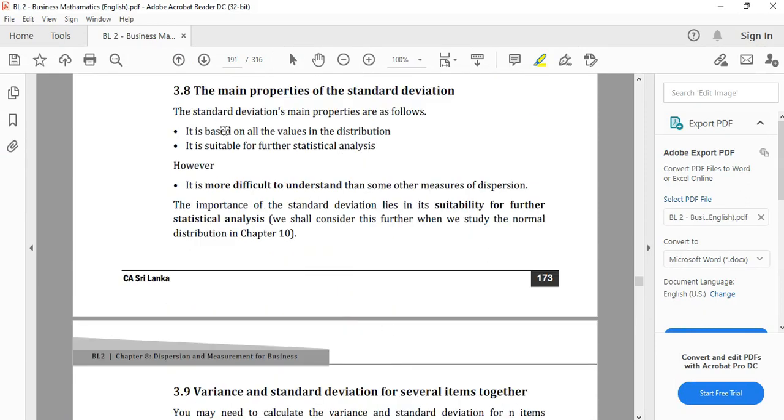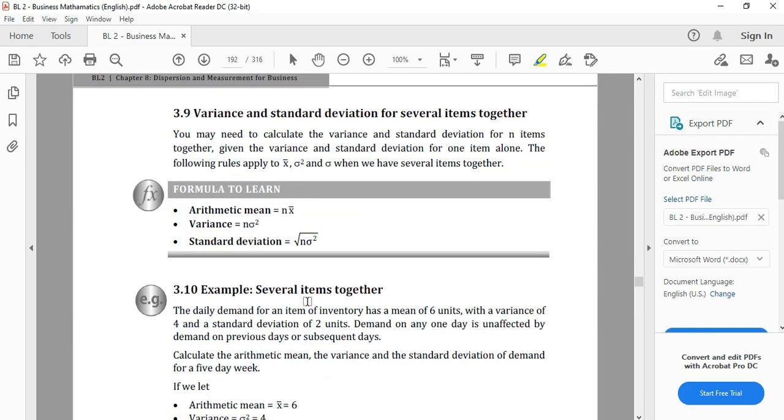Now, properties of standard deviation: they are based on all values and suitable, however difficult to understand. So this standard deviation suitability will be discussed in detail in chapter 10. Okay, so there are certain terms that we need to be familiar with.